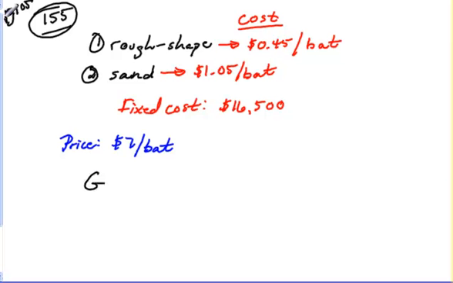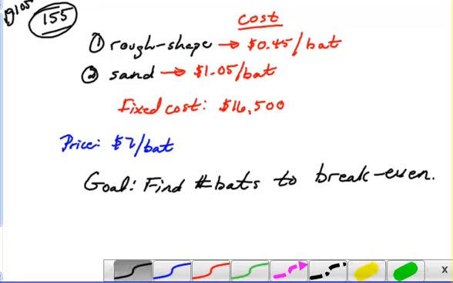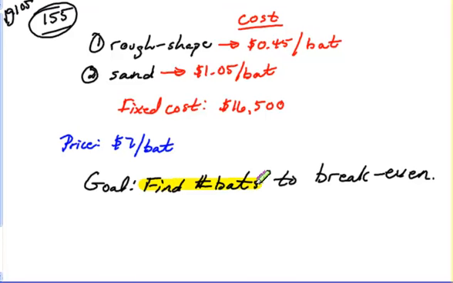So goal, find number of bats, softball bats, to break even. So same kind of strategy here, right? If you look at exactly what it's telling you to find, find number of bats, guess what your variable should be if you can define your variable.